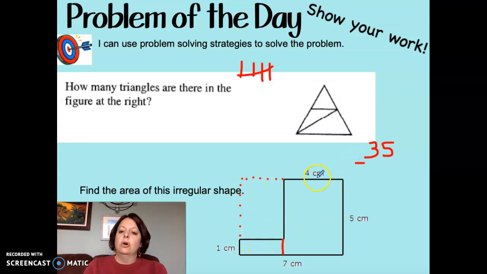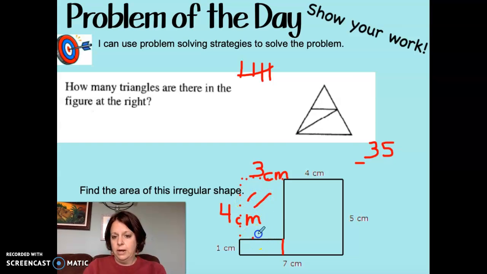I know that the length of this side is 7 minus 4, so this is going to be 3. And I also know the length of this side is going to be 5 minus 1, so that's 4. Of course it's centimeters, but it's really hard for me to write with my mouse pad, but I managed. So this ghost area would be 3 times 4, which is 12 centimeters squared.